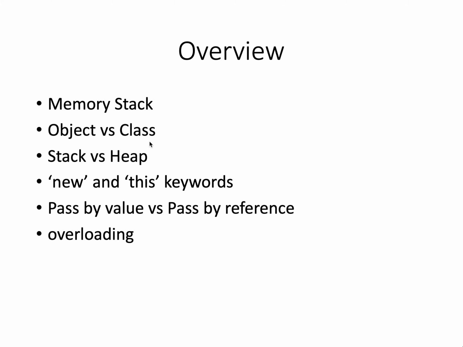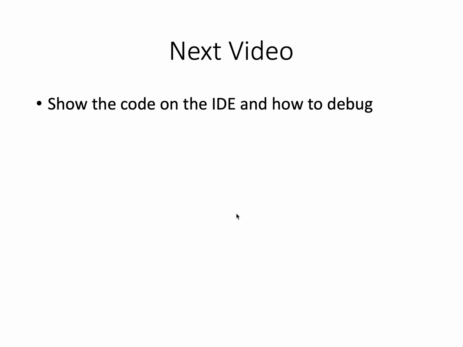But you can just access static class methods without instantiating an object. And then we talked about the stack versus heap and the new and this keywords and their importance, and also pass by value versus pass by reference, and a little bit of overloading, and what it means for two methods to have the same name but different parameters.